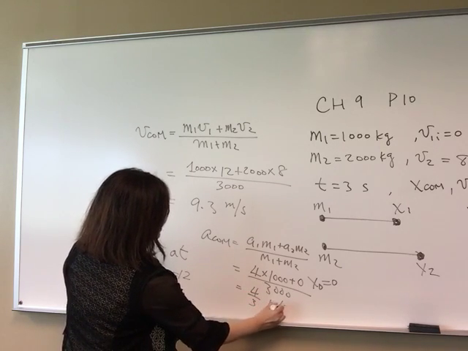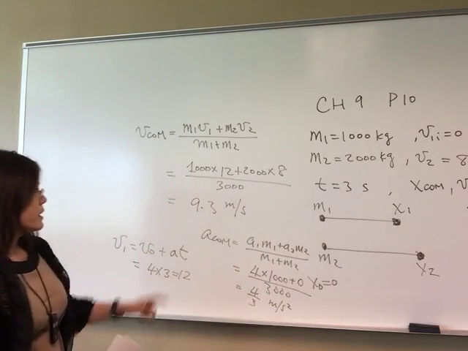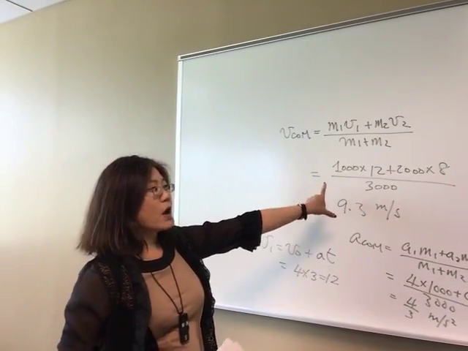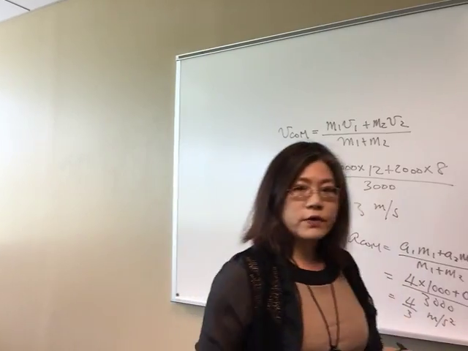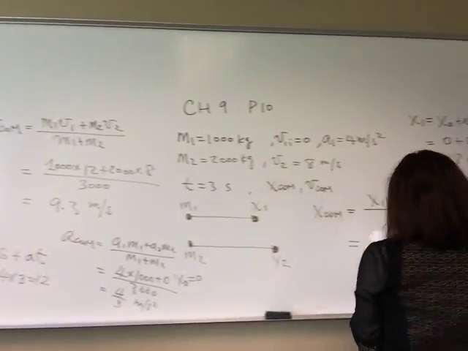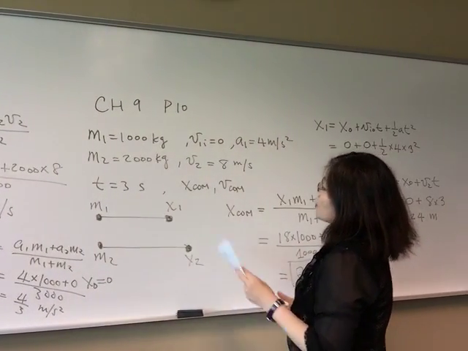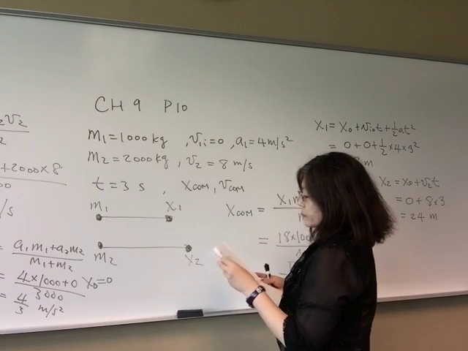This is the acceleration of the system. So you can see that all this is very straightforward just by applying the definition of center of mass. So that's your problem 10.